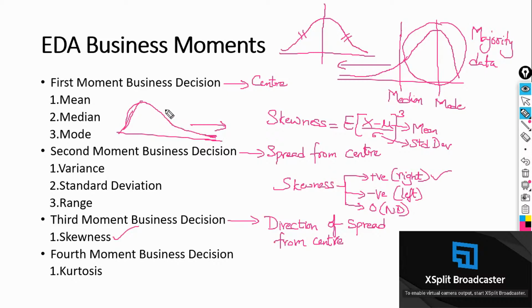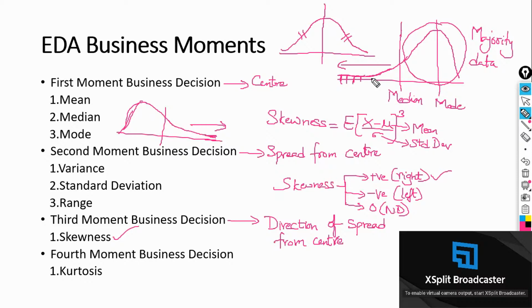So from the center, you will find a long tail towards your right side, and the majority of the data lies towards your left side. Right? The same thing happens in opposite in case of left skewed data. In left skewed data, you will find the tail towards the left side, which is nothing but negative skewed data. Why are we getting this long tail? This is because of outliers present in the data.